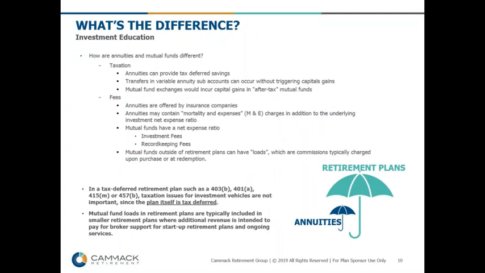So how are annuities and mutual funds different? Annuities can provide tax-deferred savings. Say you inherited $50,000, and you've already maxed out all of your options under your retirement plan, your 403(b), 457(b). You might be looking for a place to put that money.